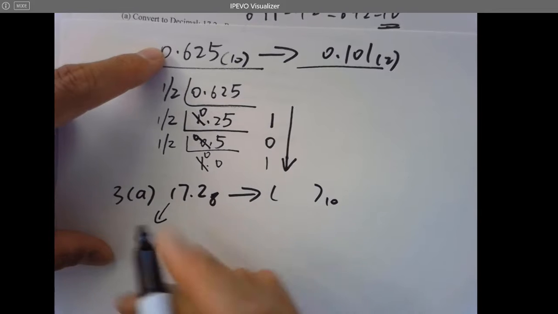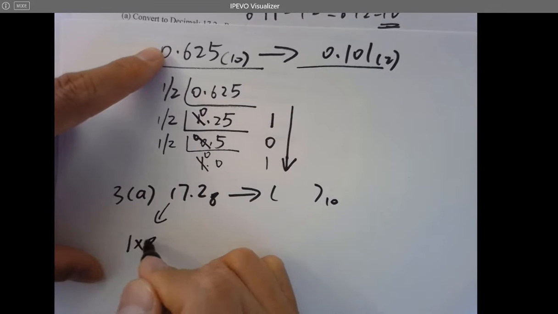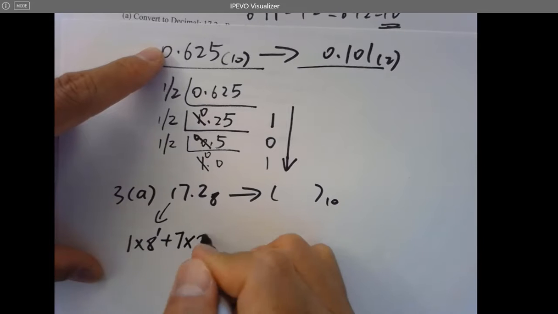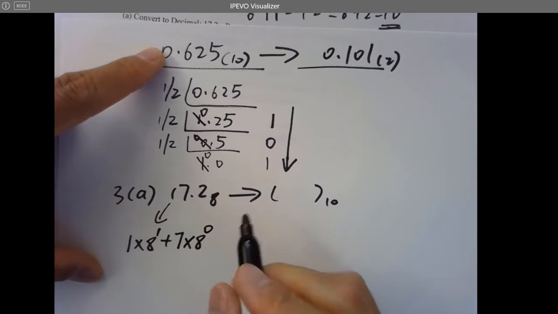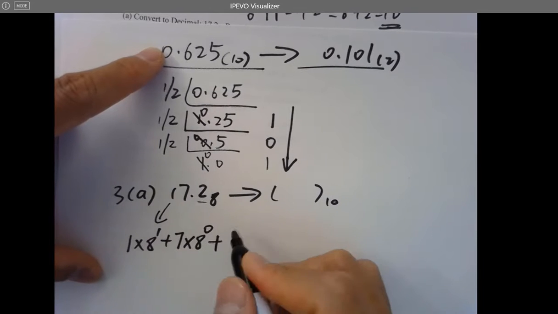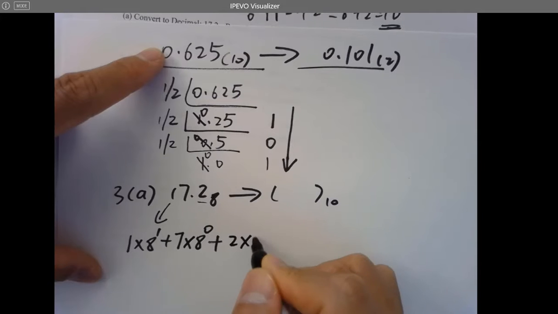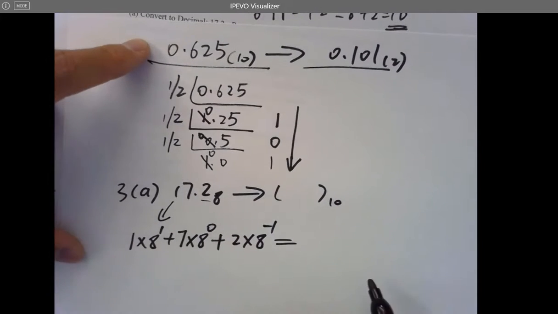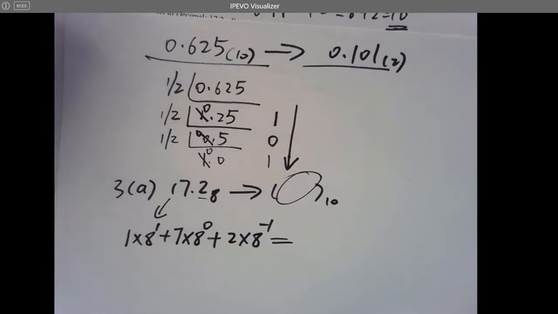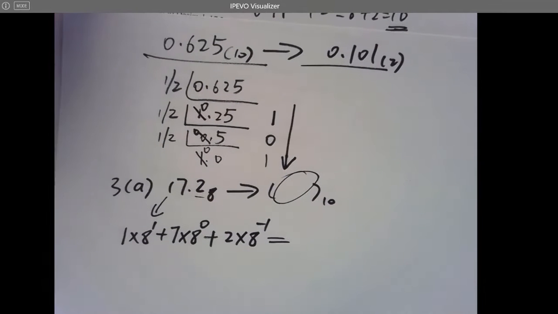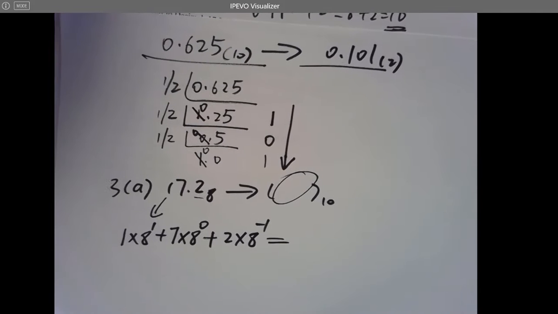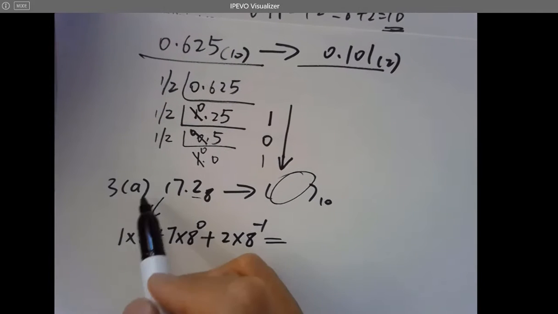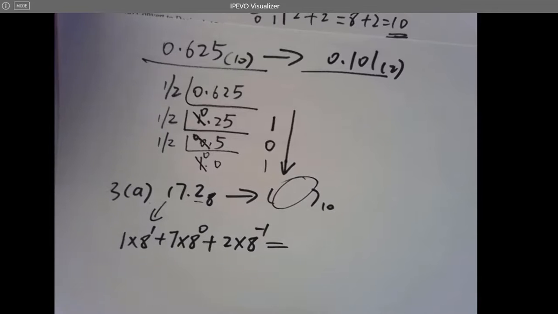This represents 1 times 8 to the first power plus 7 times 8 to the 0th power, plus this one is 2 times 8 to the minus first power. Just add them together and you get a base 10 number for this specific base 8 number. It's not hard, just watch the video, you'll get it. Pretty simple.